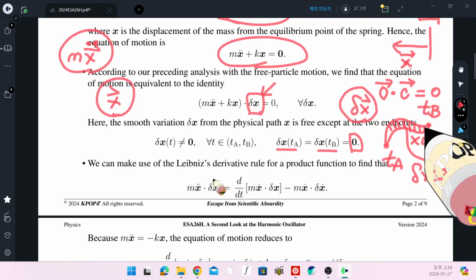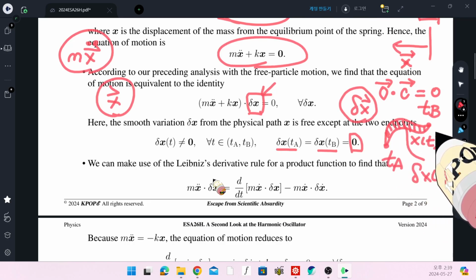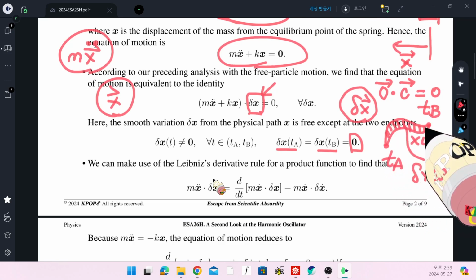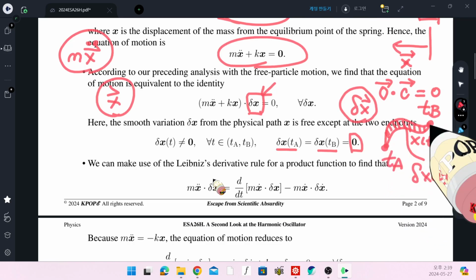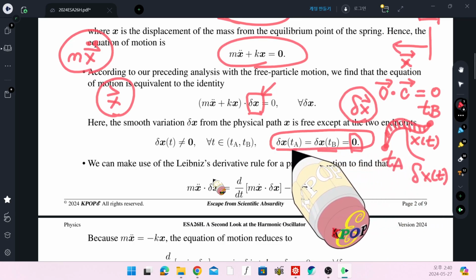While we vary, we allow the variation from the physical path to the fictitious path in the middle. We do not allow the shift from the physical endpoints. Therefore, we have a constraint.